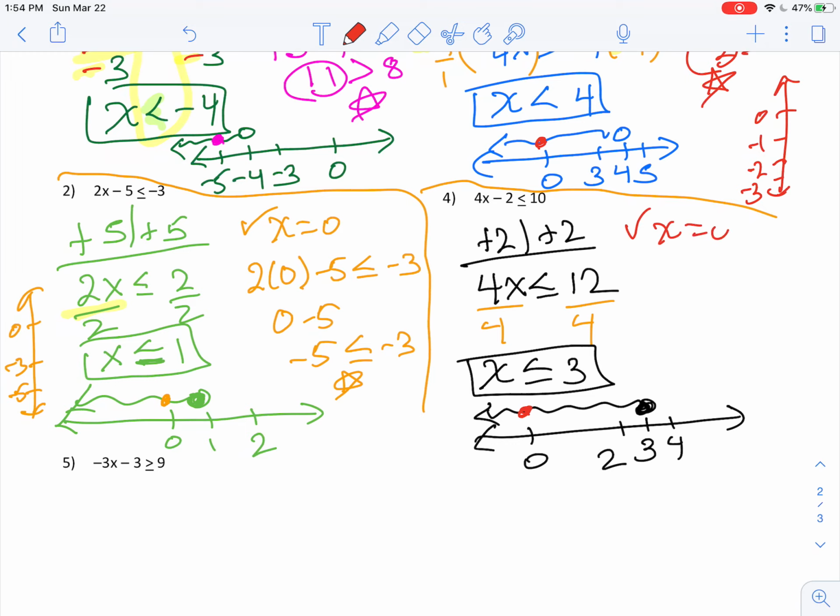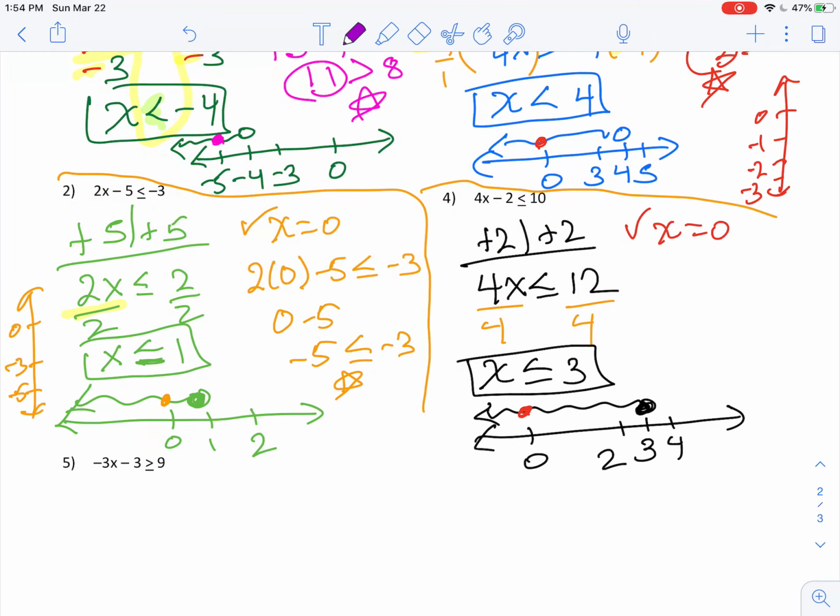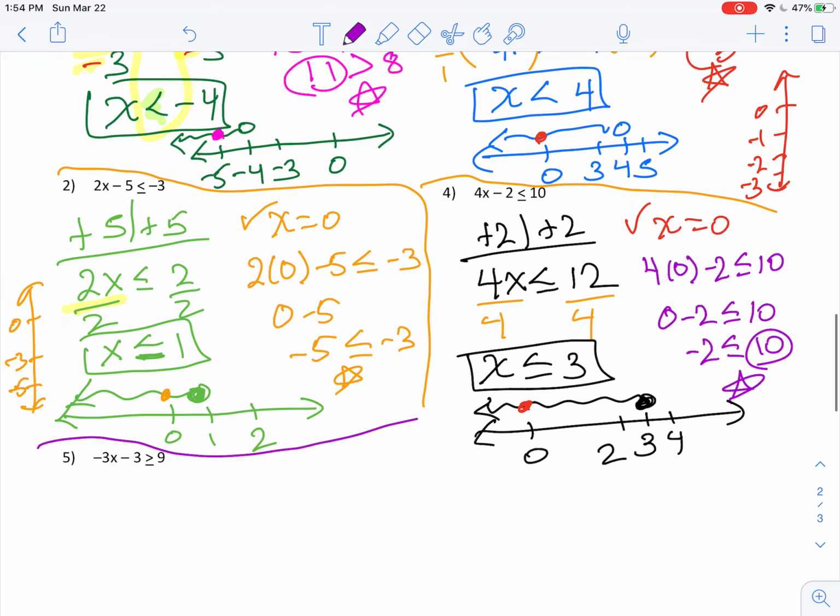They've been nice to us because a lot of times 0 is part of our answer, so when I check, I'm going to check x is equal to 0. This one's pretty easy because any negative number is always going to be smaller than the positive number. So yep, that's good to go. All right. Finish number 5.